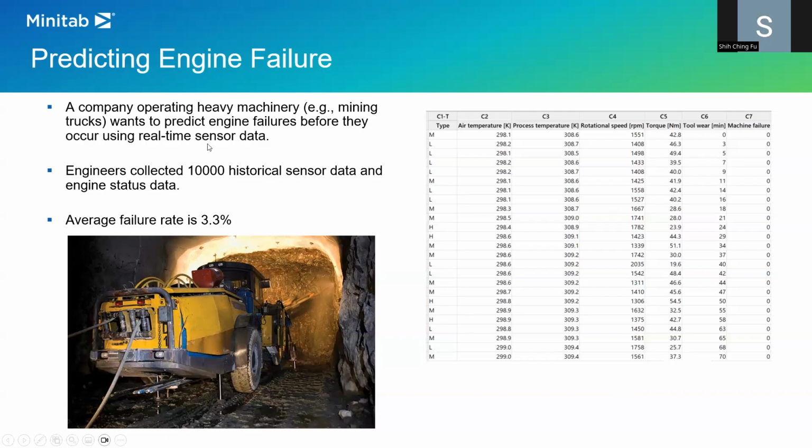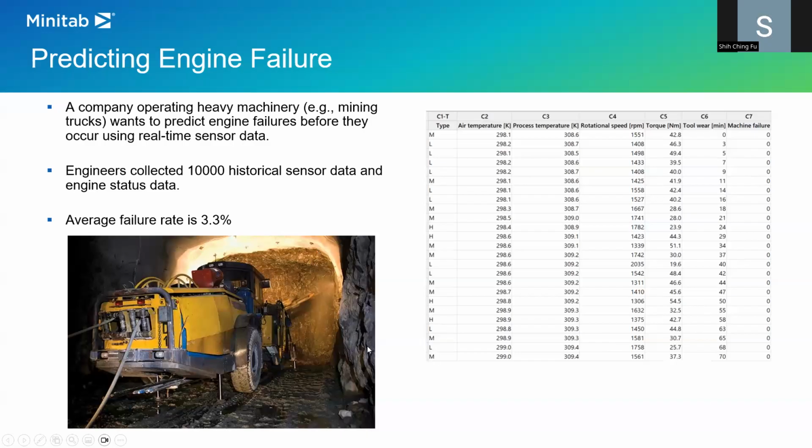So we collect data. It could be historical real-time sensor data over many, many years. For example, we have this engine and we collect about 10,000 historical sensor data records. This engine status data covers different engines: what the air temperature is, the process temperature, the rotation speed, the torque, the tool wear, and the status, whether the machine is a failure or non-failure, 0 or 1.